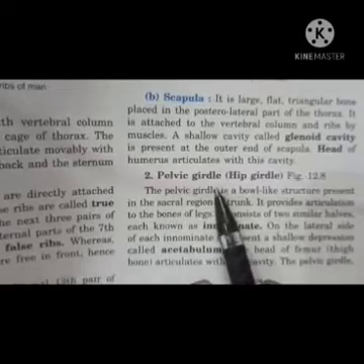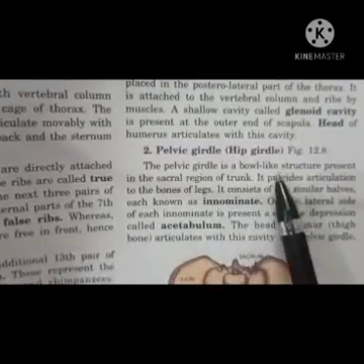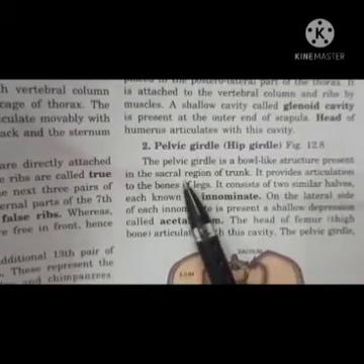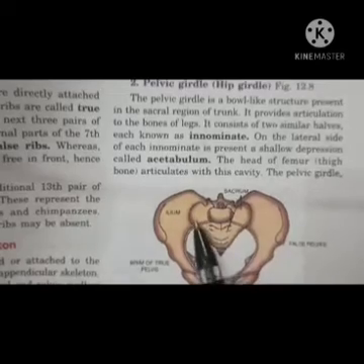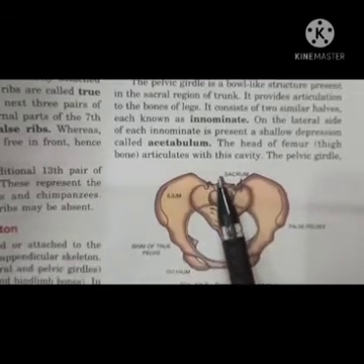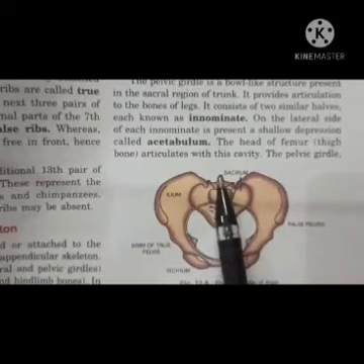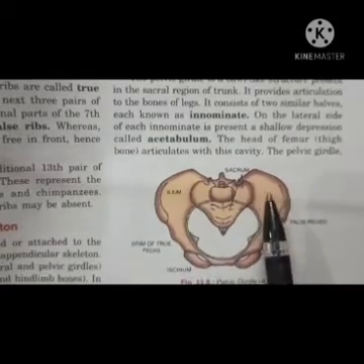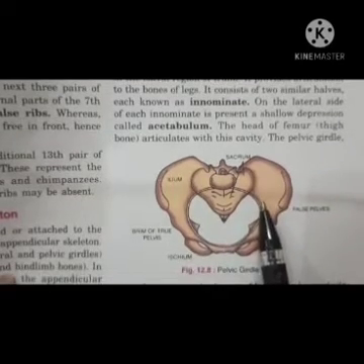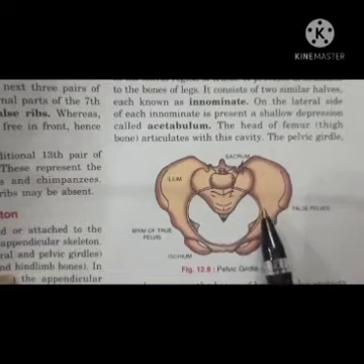Next is your pelvic girdle, or it is also called what? Hip girdle. And the pelvic girdle is actually a bowl-like structure present in the sacral region of the trunk. This pelvic girdle consists of 2 similar halves, each known as innominate. And on the lateral side of each innominate is present a shallow depression, called acetabulum.